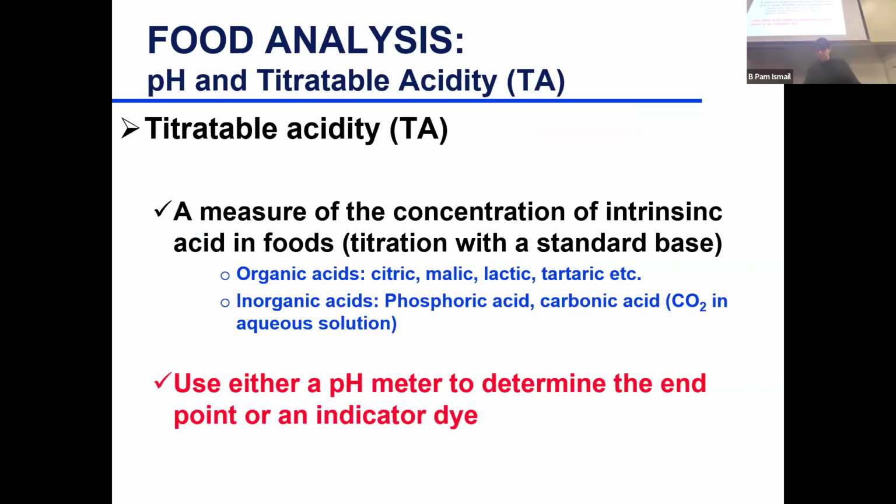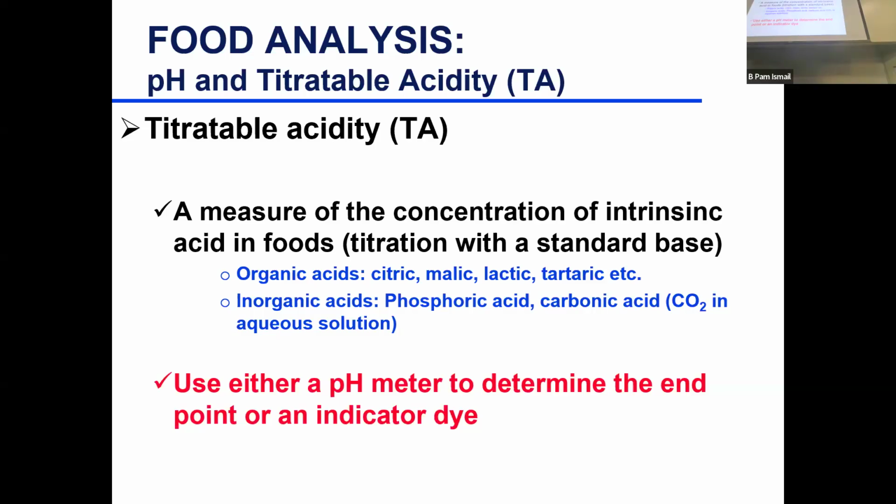So titratable acidity is the measure of the intrinsic acid in a food. Basically, the most dominant acid in the food. Like if it is milk, you want to measure titratable acidity of milk, it would be lactic acid.